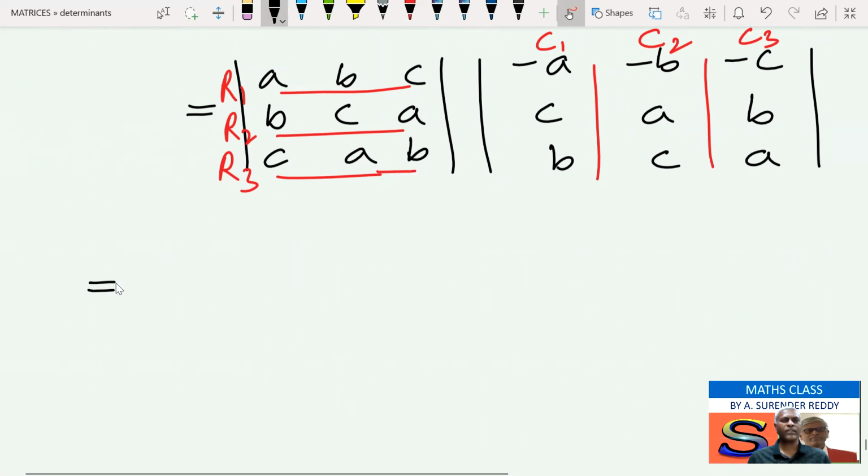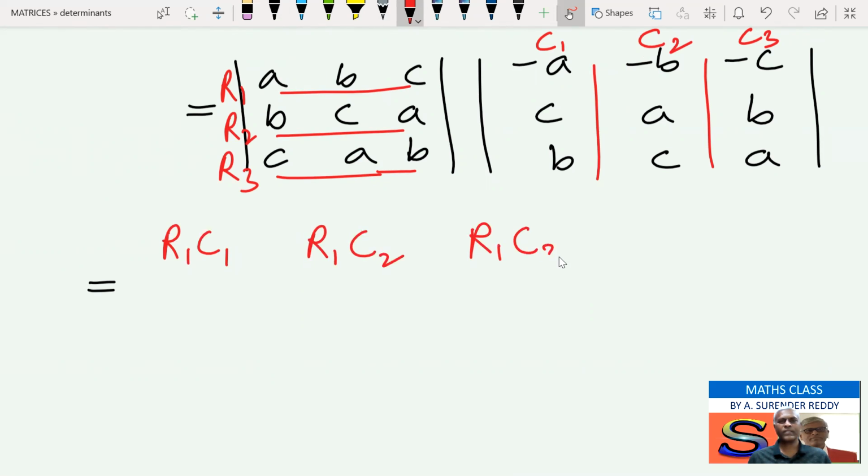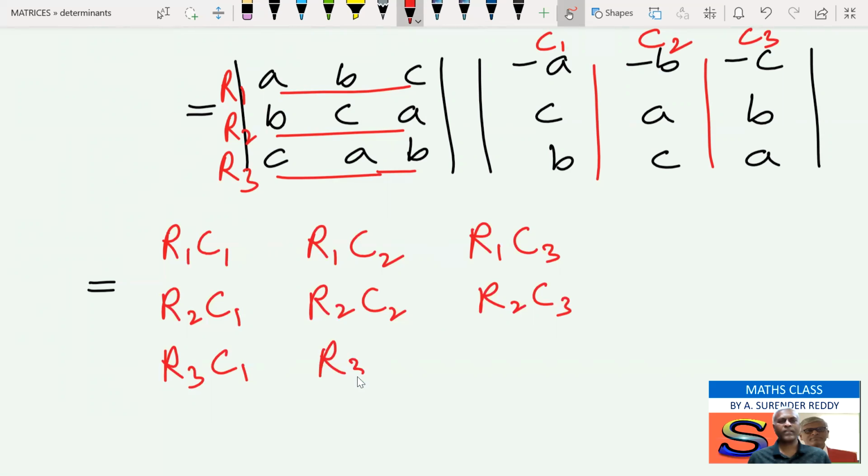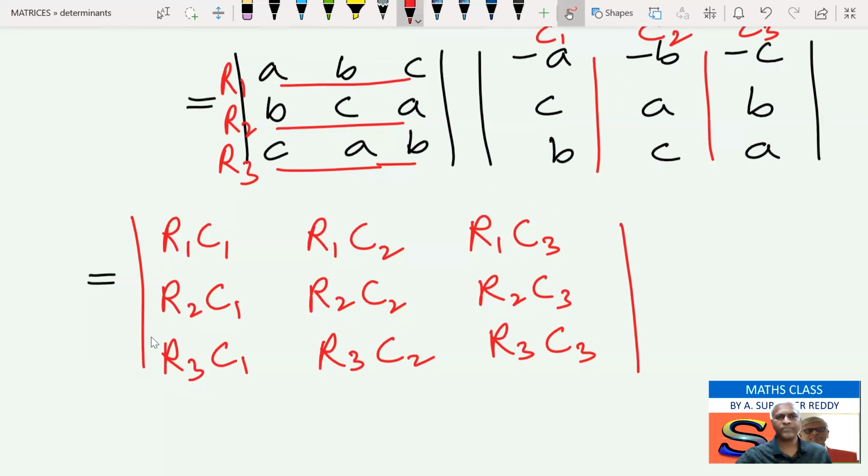Now let us multiply R1 C1, R1 C2, R1 C3. This is the first row. Next R2 C1, R2 C2, R2 C3. Next R3 C1, R3 C2, R3 C3.